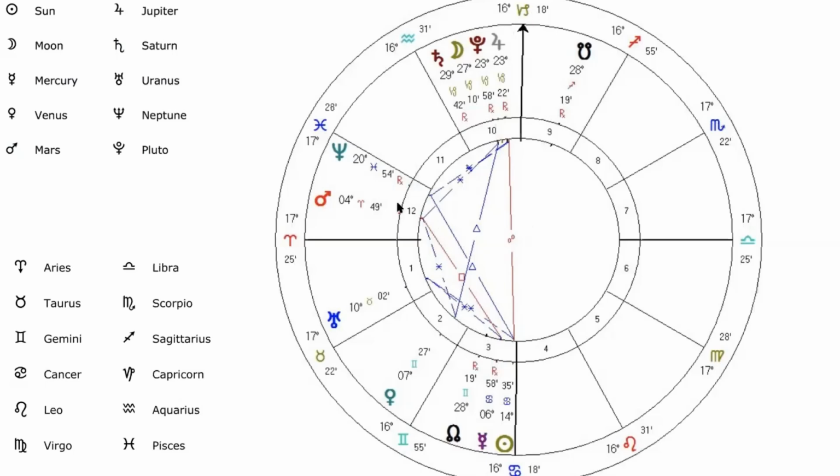And then what we haven't looked at yet or identified is the houses. So we've got the planet in a sign. The houses are signified by these 12 segments of the chart with the numbers running 1 to 12 anti-clockwise around the chart. And so, as I said, the houses are like areas of life.